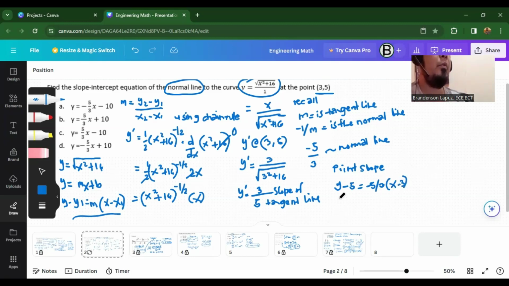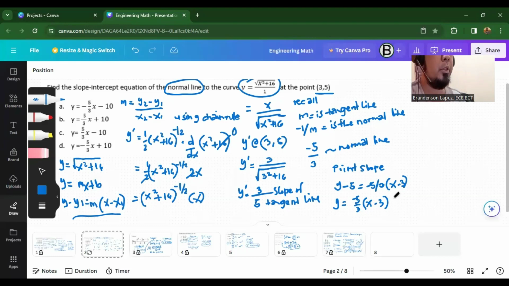So solving for y, you will get the y-intercept. So how do we solve this? Y is equal to negative 5 over 3 times x minus 3.